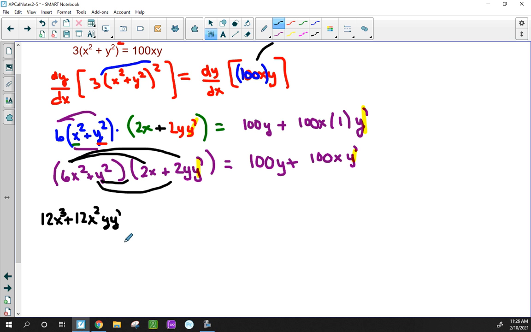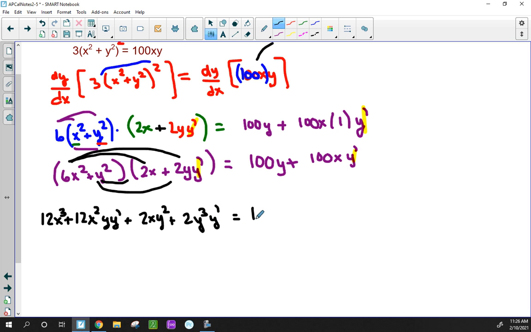Inside is 2x times y squared. And last is y squared times this, which is going to be 2y times y squared, y to the third, times y prime.